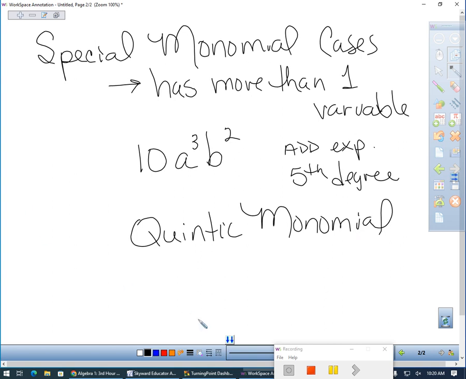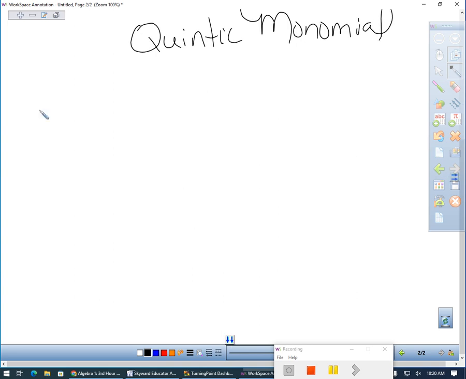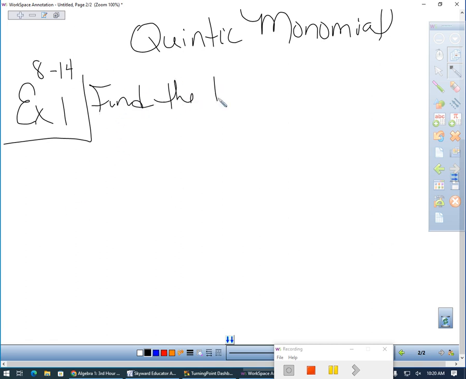All right, so we're going to start with example number 1. Example number 1, that is your 8 through 14. Find the degree of the monomial.